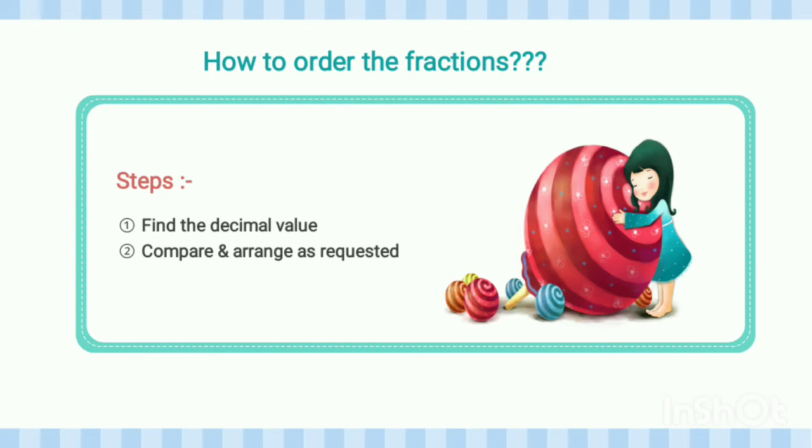Then in the second step, we compare the decimal values that we obtained from the given fractions and arrange them in the way the question asks. I mean, if we are asked to arrange in ascending order, we have to do it in ascending order, or descending.